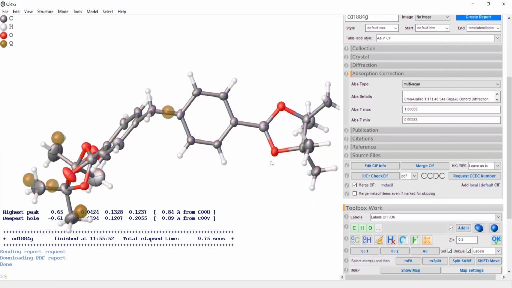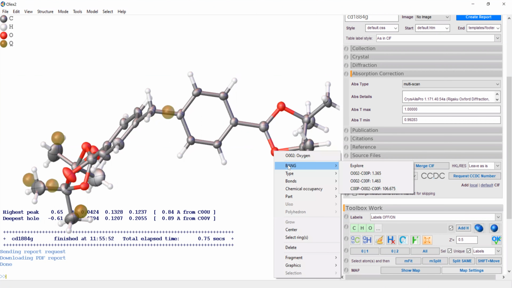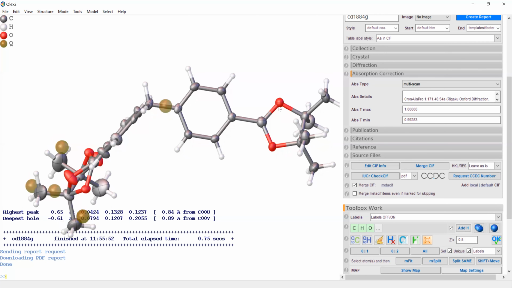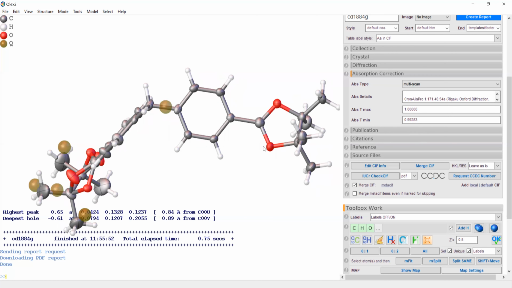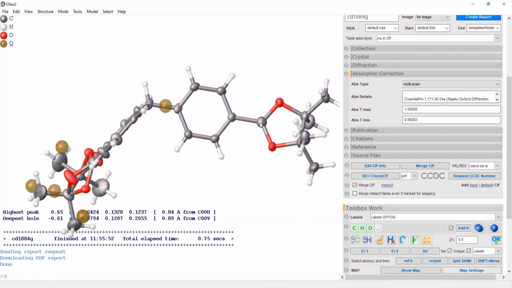Now, both of these oxygens are single bonded oxygens. If we look at the bond distances, 1.36, 1.46 bond distance. Over here we have 1.469, 1.369. So these are fairly long single bond oxygen atoms. And then this carbon-carbon is a single bond as well.